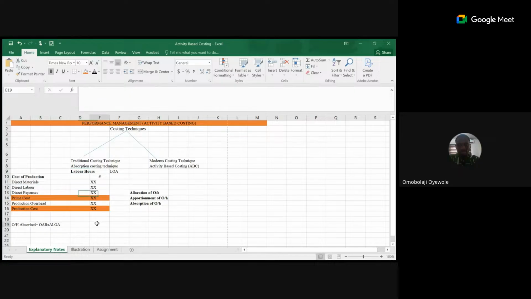So all the overhead we have incurred for that period, we absorb based on labor hours, which means it is not looking into each cost that has been incurred.